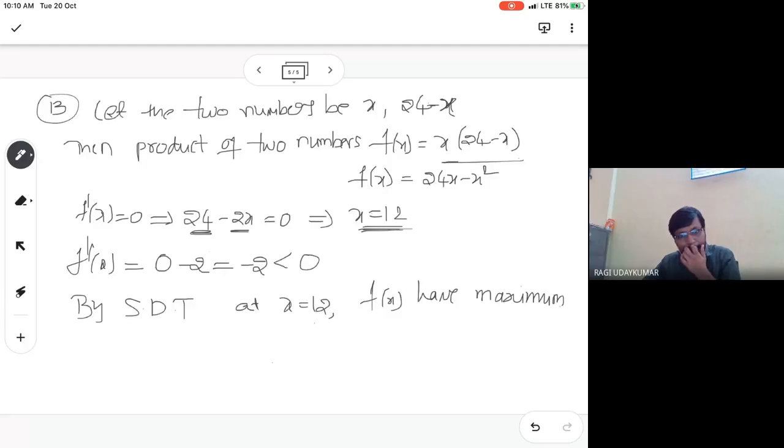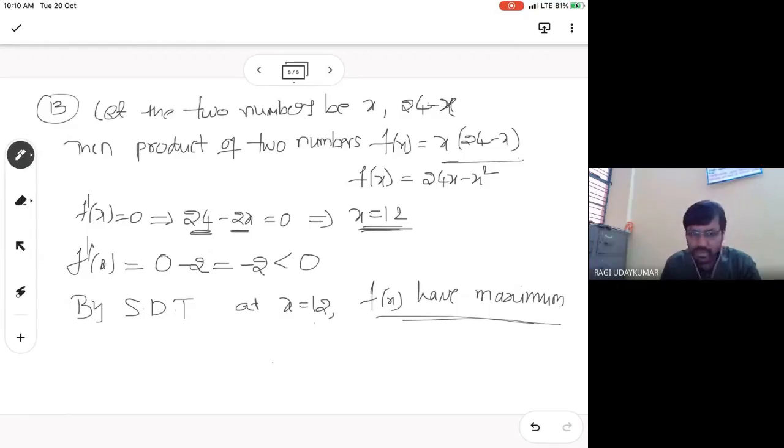Directly the question is not asking what the maximum is; it means find the two numbers whose product is maximum. The sum should be equal to 24, and the product we have to make as large as possible. All the problems will be like this only from here onwards. So इसको maximum करना है, वो maximum exist हो रहा है already, so it is going to have the maximum value, isn't it?